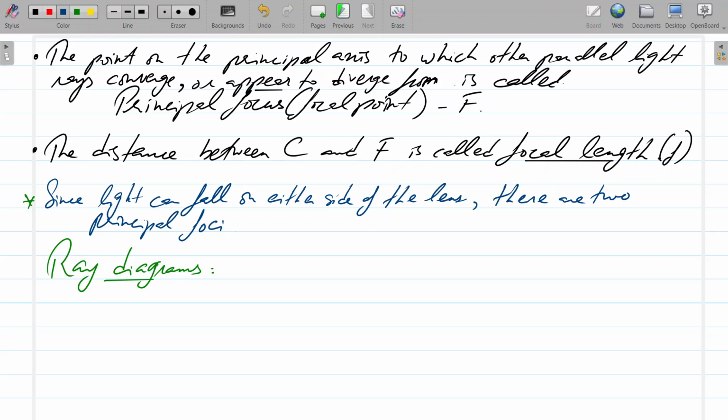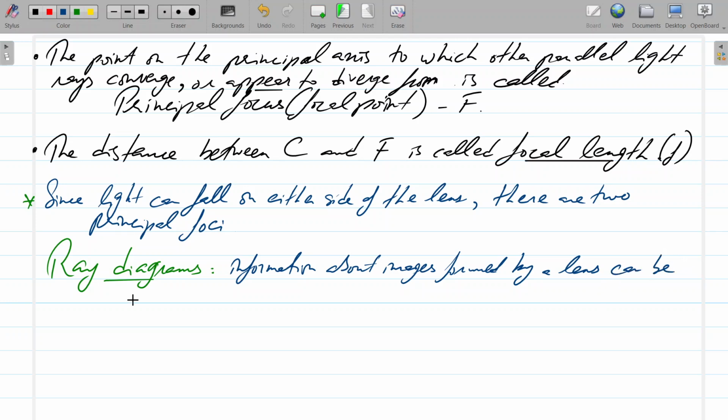So in ray diagrams, information about images formed by a lens can be obtained by drawing two of the following rays.